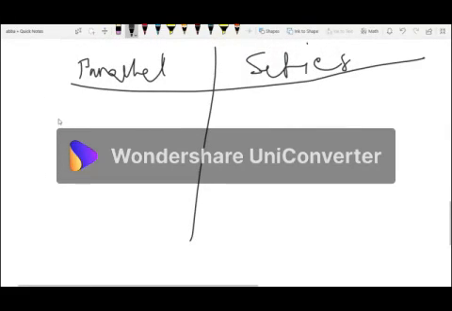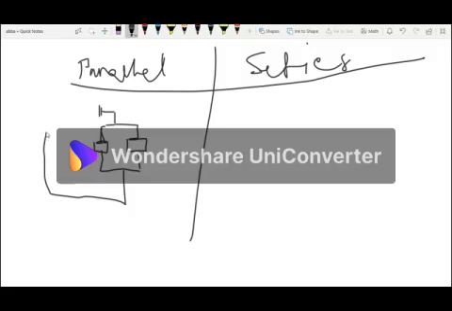This is the simplest form of a parallel connection, right? Like this, then like that, then like that, and like that. Something like this, then like this, and so on and so forth until we reach this point.